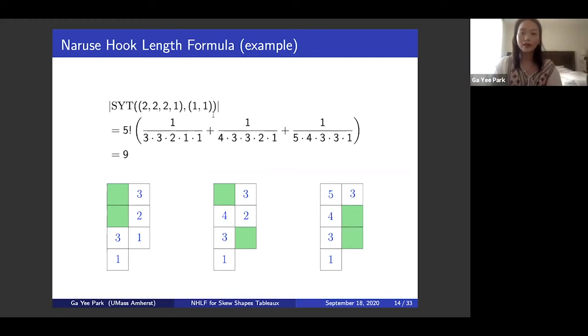Oh, yeah. Yes, and I don't think that is a coincidence, because at the end we still need a nice integer number, but I don't know. I haven't looked at the actual proof of the general Naruse formula, so I don't know if that's a coincidence or if there's actual combinatorial or representation meaning behind that number.